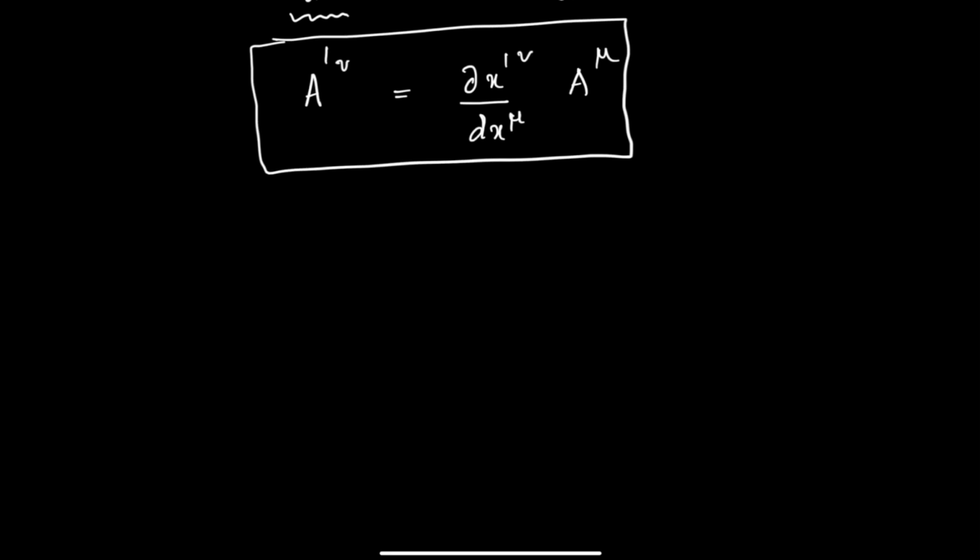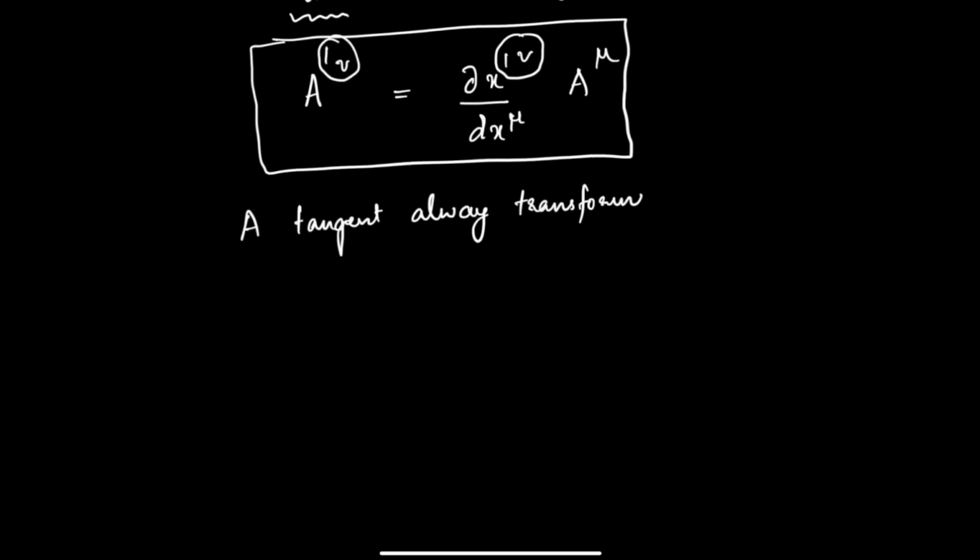Now we have to see how it is transforming. So here you can see there is a prime nu and a prime nu here. So a tangent always transforms in this particular way, and all the vectors that transform in this way, or the tangential way, are called the contravariant vectors.